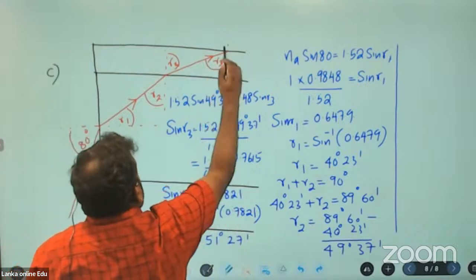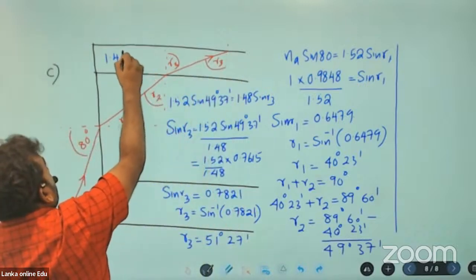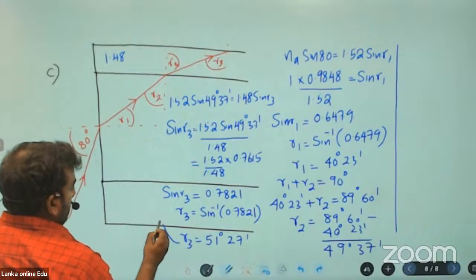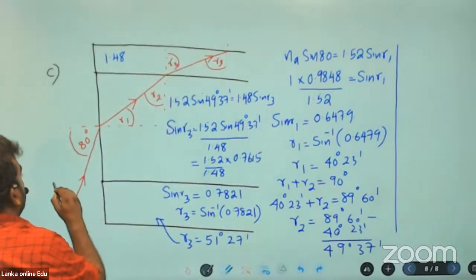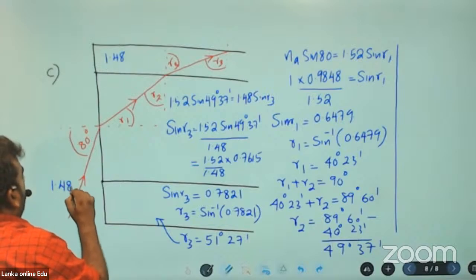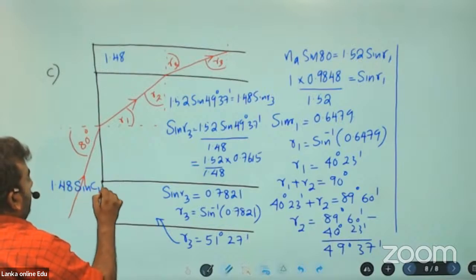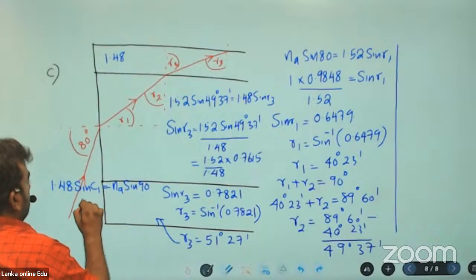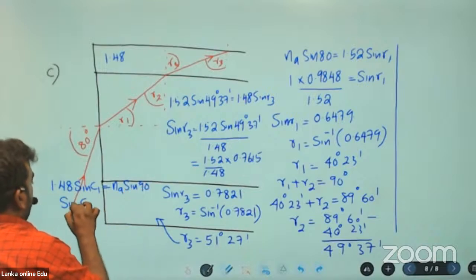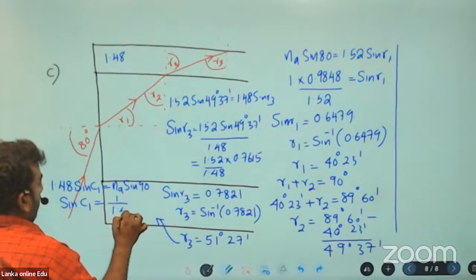51 degrees 27 minutes. Don't forget the critical angle here. 1.48 sine C1 equals NA sine 90, so sine C1 is 1 divided by 1.48, which is 0.6757.